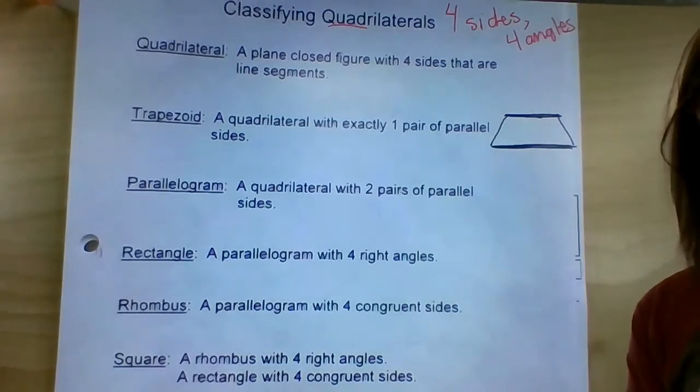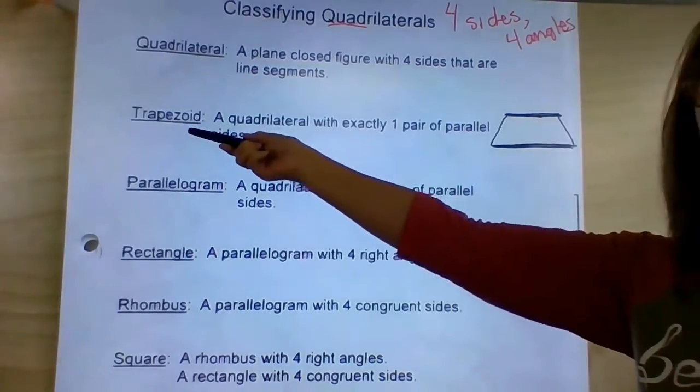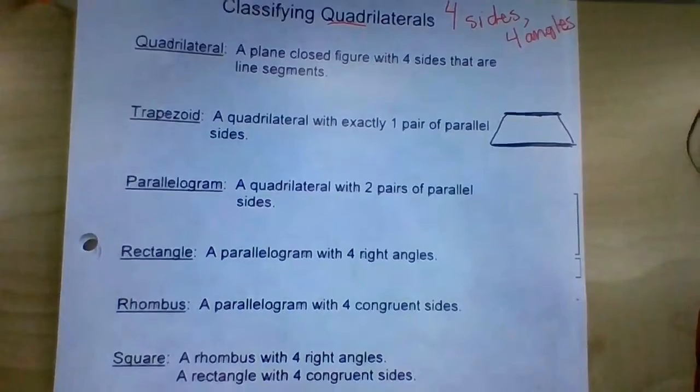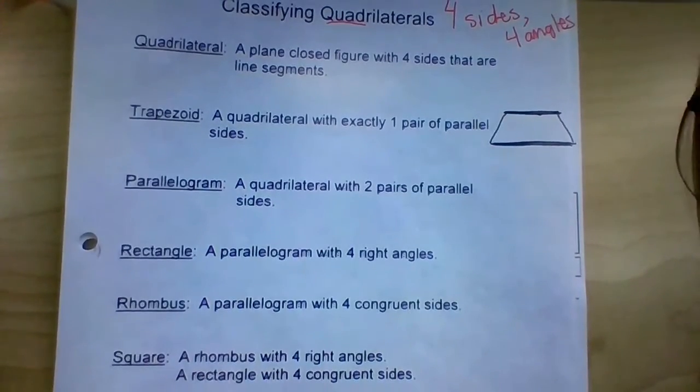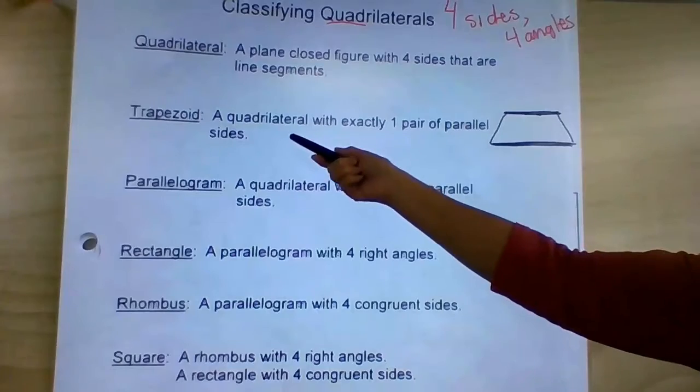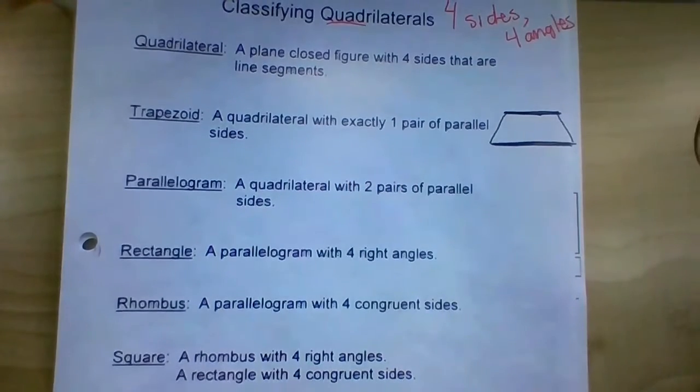They will never intersect. Okay, I do need to make sure you understand this trapezoid definition that we're using is not the same definition that everybody uses. So there are some math programs that use a trapezoid definition as, instead of exactly one pair, they will say at least one pair.